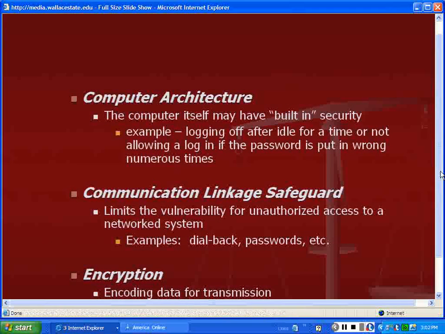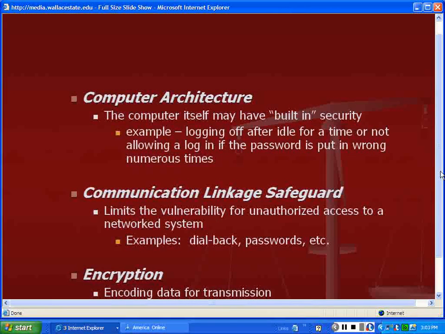Or maybe not allowing somebody to try to get in the system after they put the password in wrong for the third time. I know at ATMs, at some banks, it will take your ATM card away from you if you are not paying attention and put your PIN number in wrong on the third time. It just keeps it.